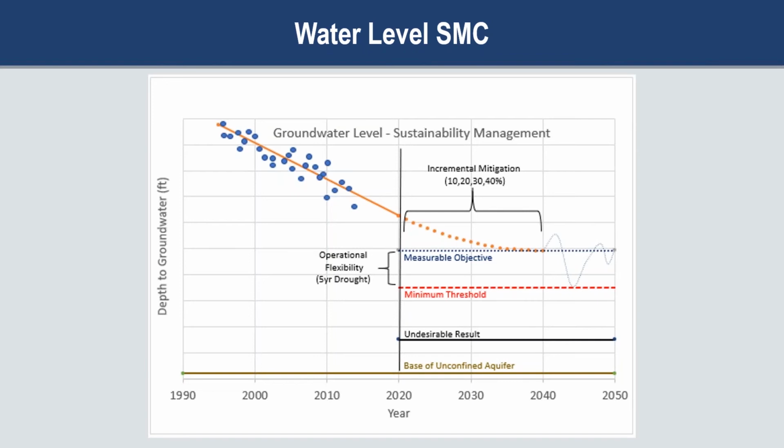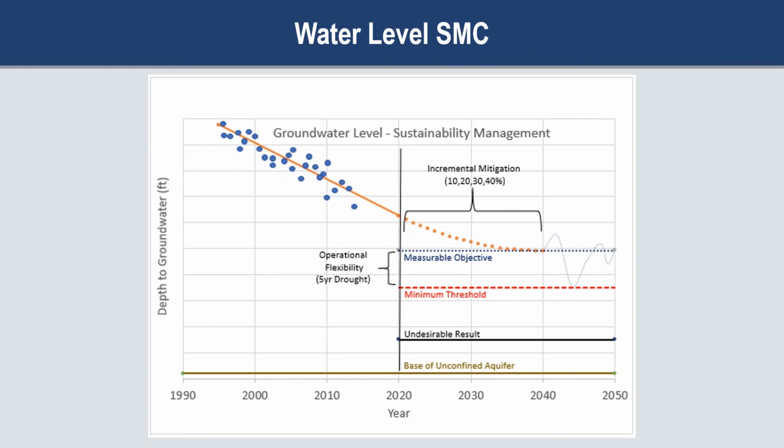So as mentioned earlier, in the 5-year updates, we'll update these graphs with more recent data. But for this plan, we took the fall reading of 2017, took that rate of decline, and extrapolated the water level out to 2020 to estimate what the water level in 2020 might be.